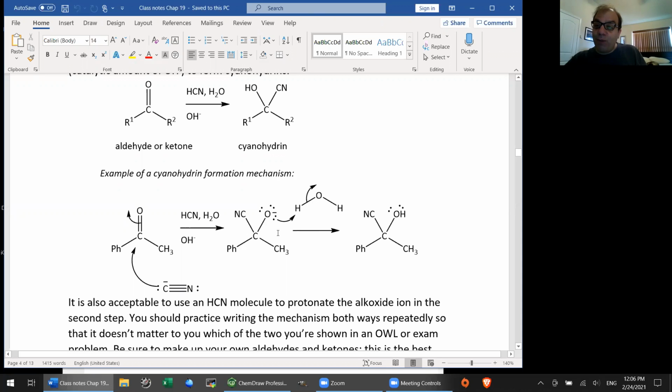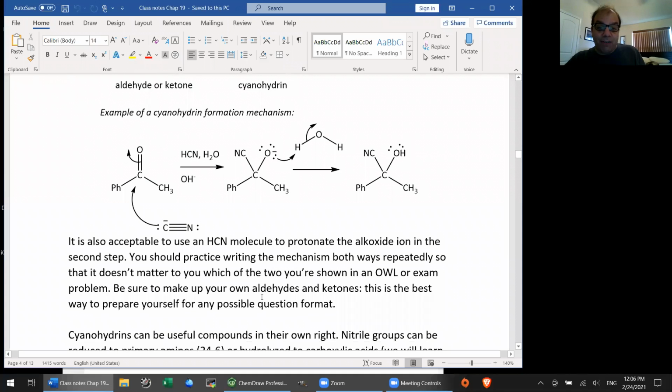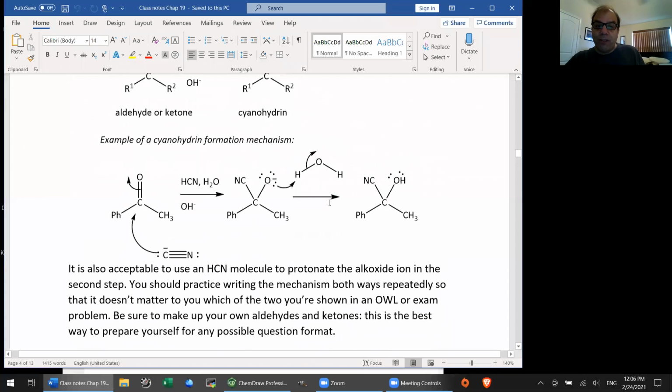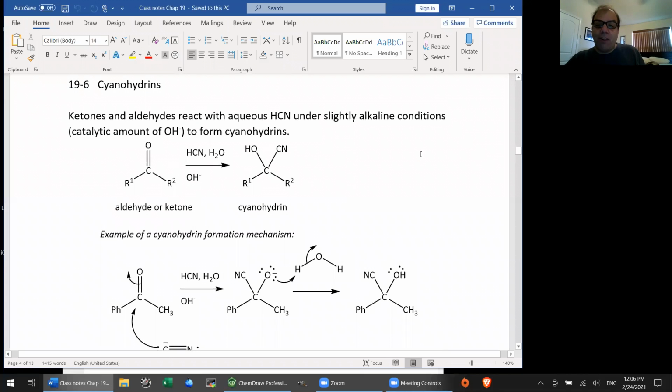In either case, we'll have water, and I could see water being a reasonable proton source here. If you had also used an HCN molecule here, as I said in the class notes, I was pretty clear on what you should and should not put. But if you were to use an HCN molecule here, I would certainly have no objection. I'm sure both happen in real life. Again, HCN is by no means a strong acid, but it's a good enough acid to protonate that alkoxide.